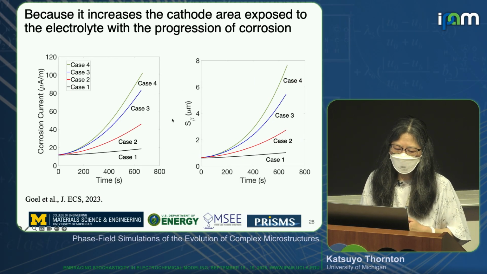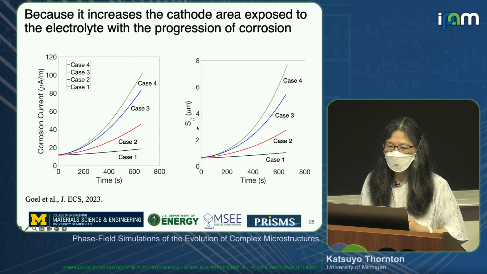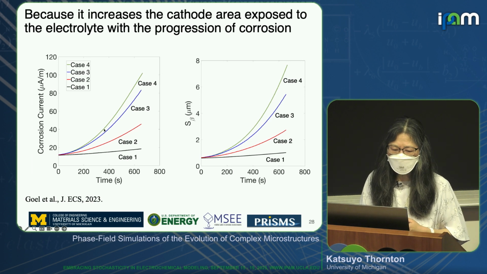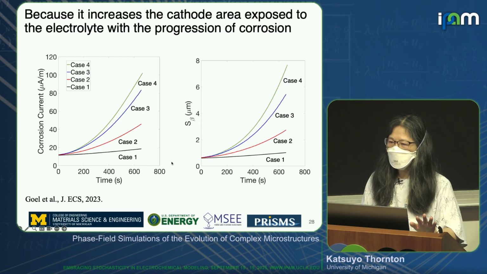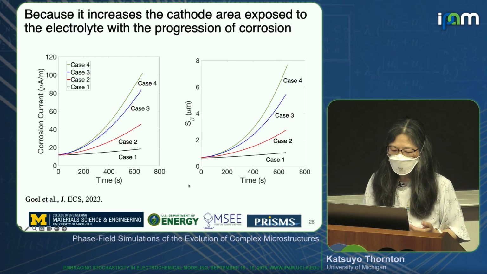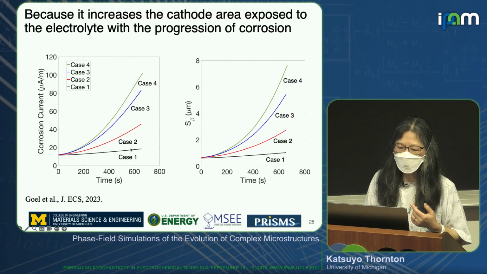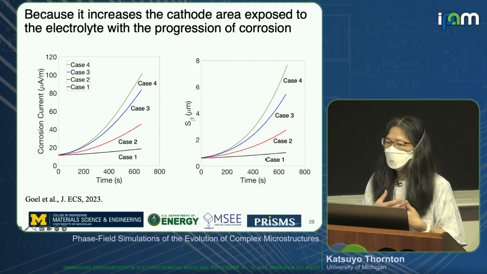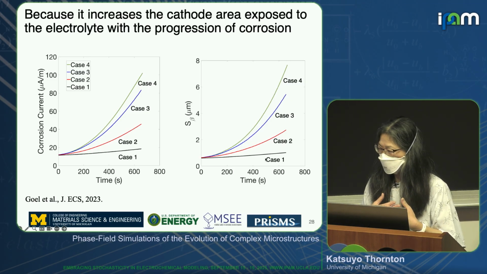And so what we plotted here is the surface area of the beta phase that's exposed to the electrolyte. And we see the same behavior as what you see in the corrosion current. Here, I did not overplot them on top of each other because it is not the same quantity. But I can tell you that case 1 and case 2 actually overlap very, very well.